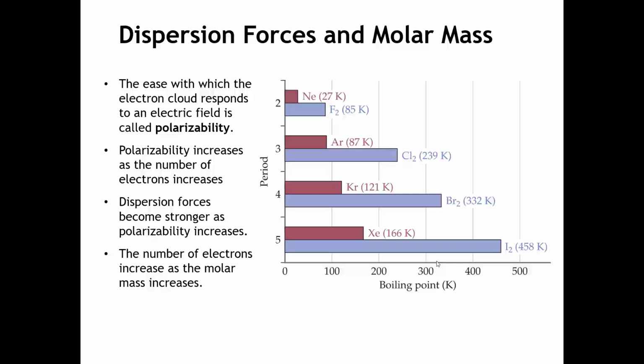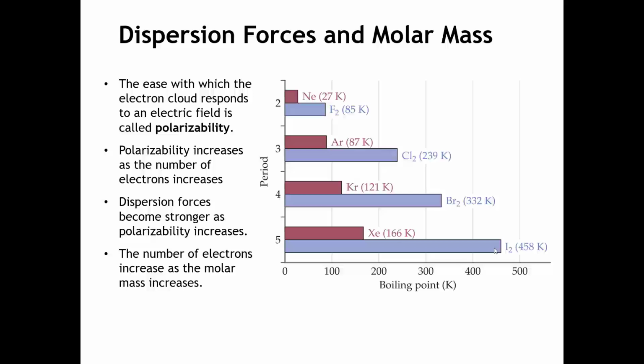So what about the periodic trends? We just were looking at the noble gases, and so neon to argon to krypton to xenon. As we go down the group, the boiling point increases. And so that implies that the dispersion forces are getting stronger. And in the last lecture, when we looked at the halogens, fluorine, chlorine, bromine, and iodine, we saw the same trend, maybe even more pronounced.